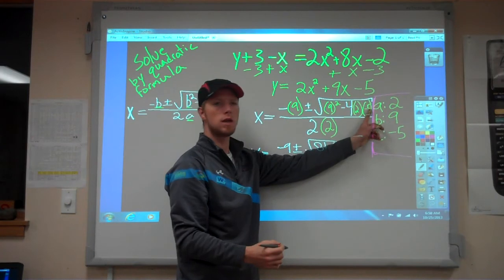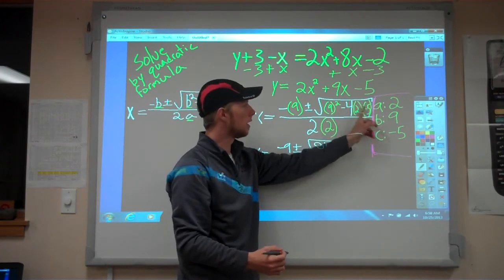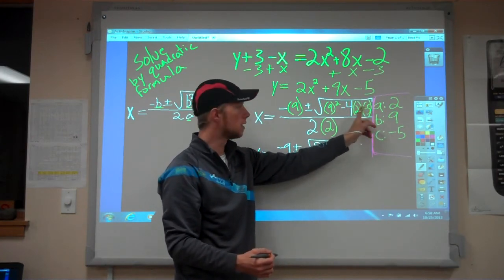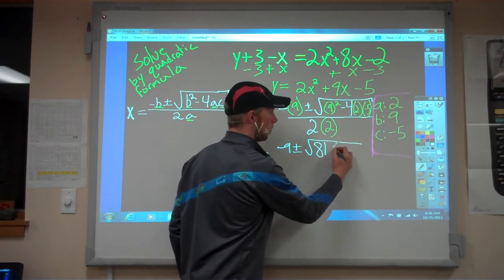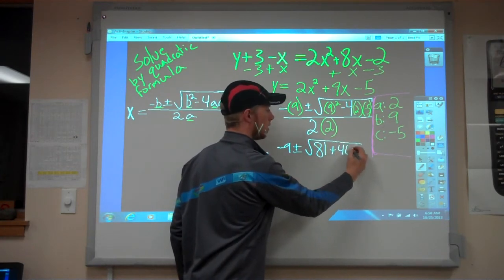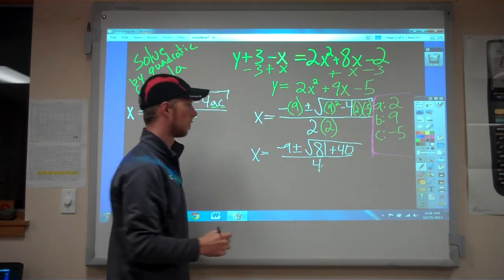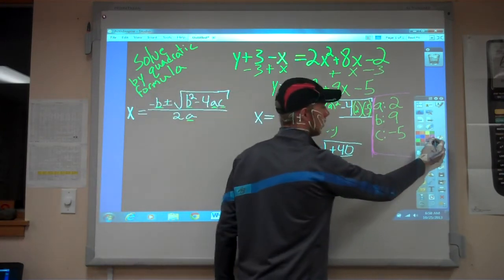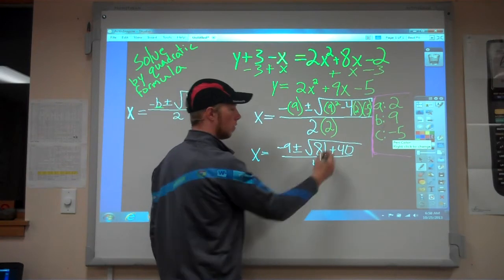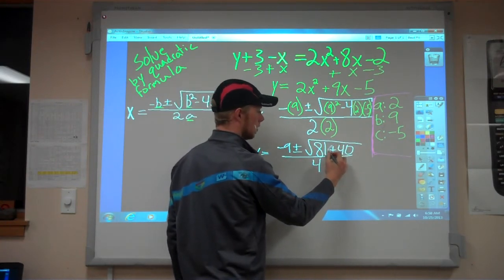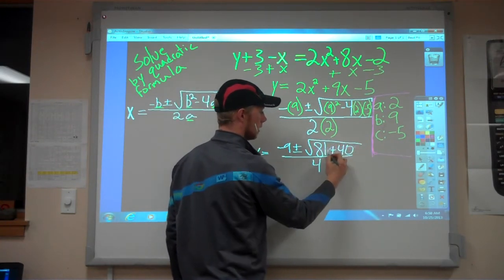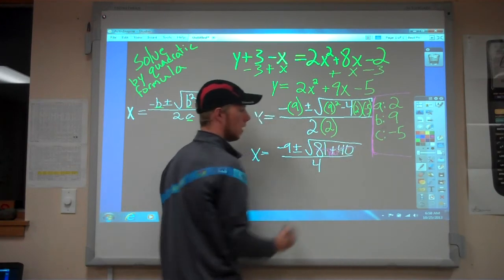I've got a negative and a negative, which makes it positive, so negative 4 times negative 5 is 20, times 2 is 40, so this becomes plus 40 over 4. We know that 81 plus 40 becomes 121.